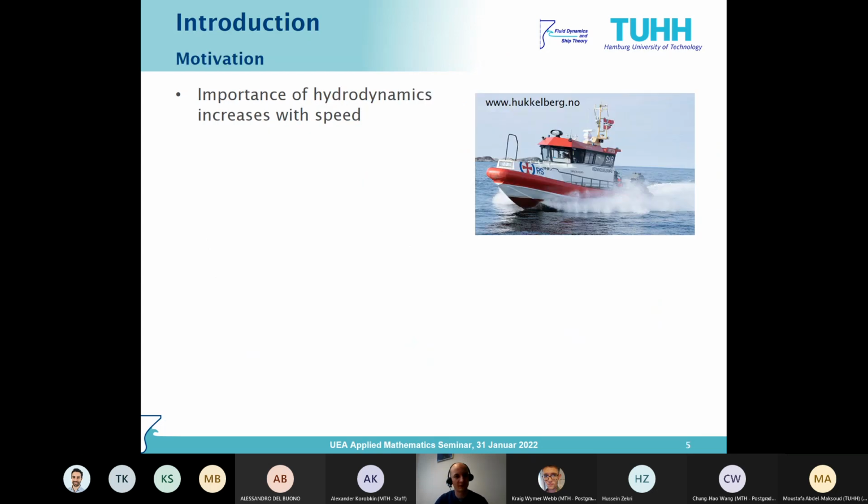Okay, now I'd like to start with a motivation for why it is necessary to have a special simulation tool for high-speed ship hydrodynamics. In general, the importance of hydrodynamics increases with speed. There is a nonlinear proportion, and this makes some topics more relevant, like resistance and propulsion, dynamic stability, slamming, and seakeeping.